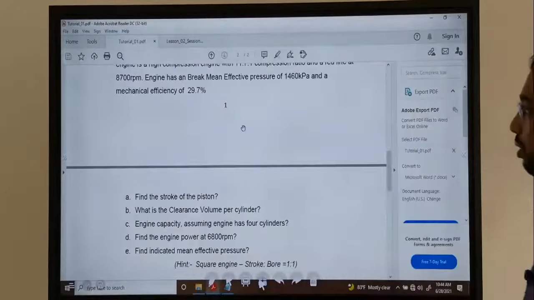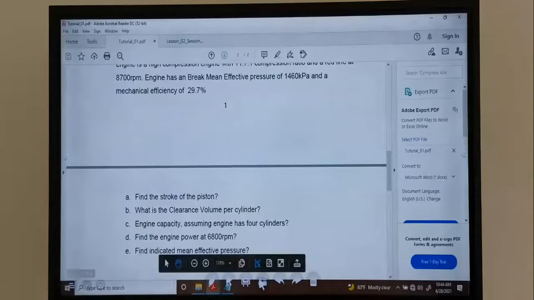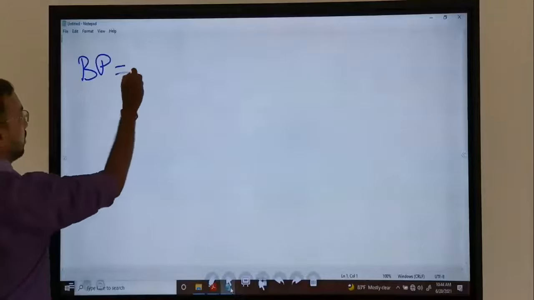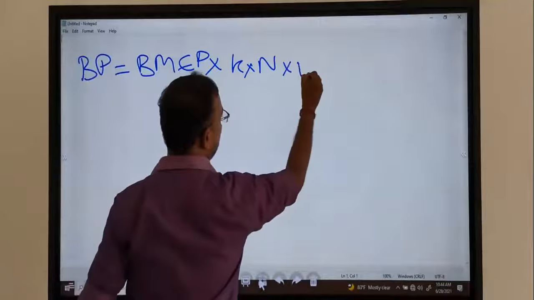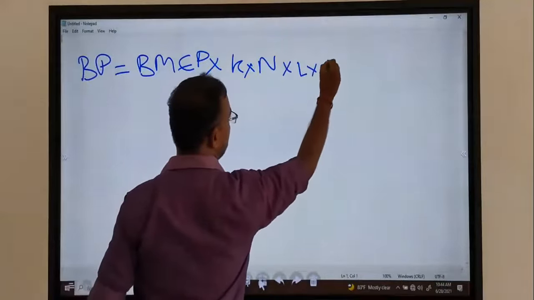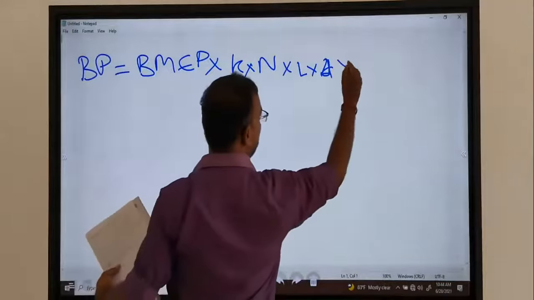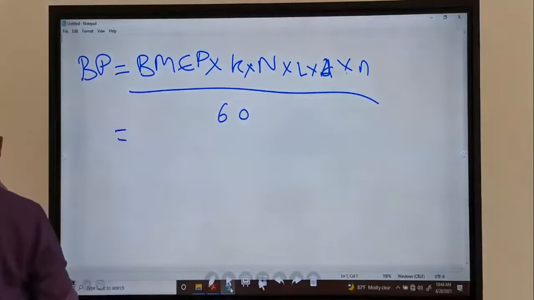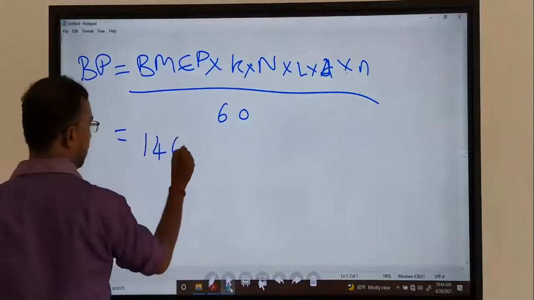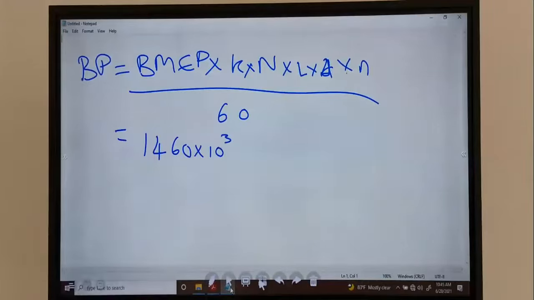So the brake power equals brake mean effective pressure into K into N into L into A into N over 60. The brake mean effective pressure is given above, that is 1460, so we can change to Pascal.